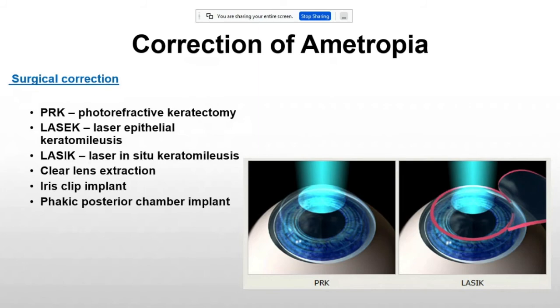So topography of the cornea precedes this manipulation, and you might decrease some of the diopters, but can't really compensate all. Of course, like all surgical procedures, some complications might take place.